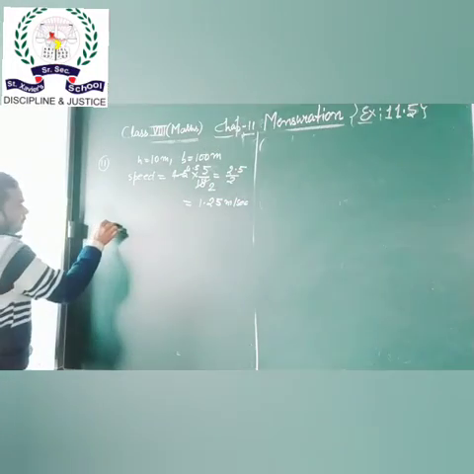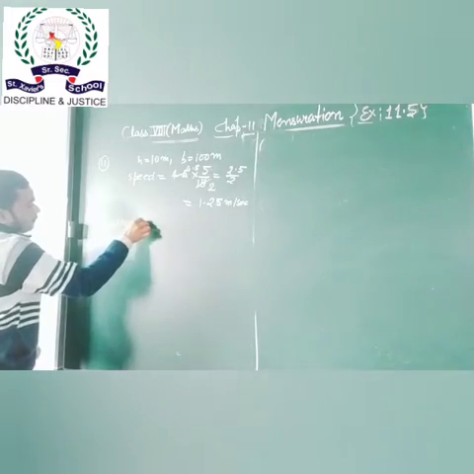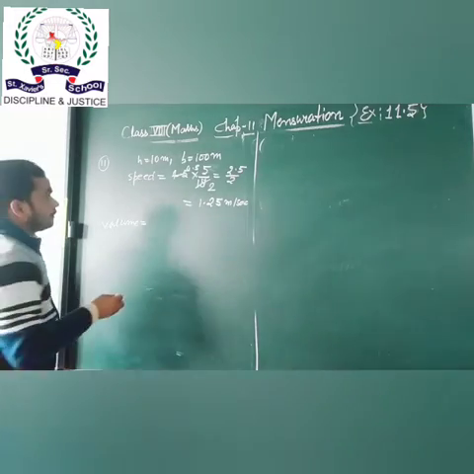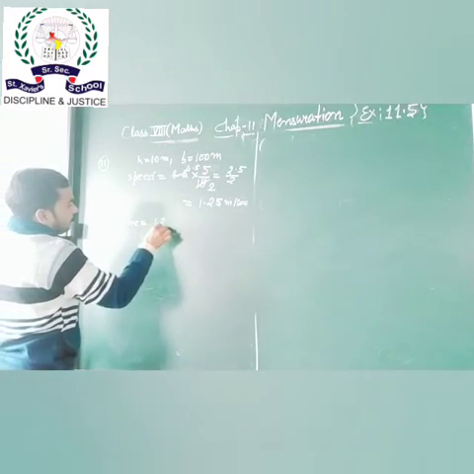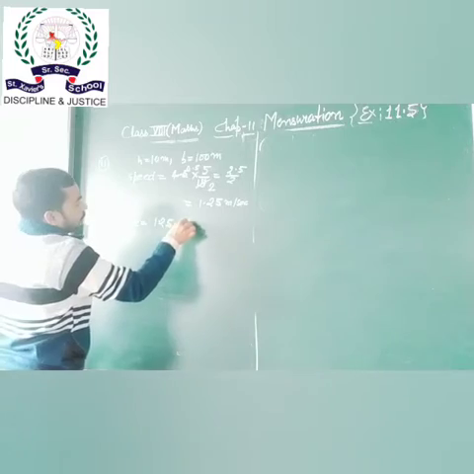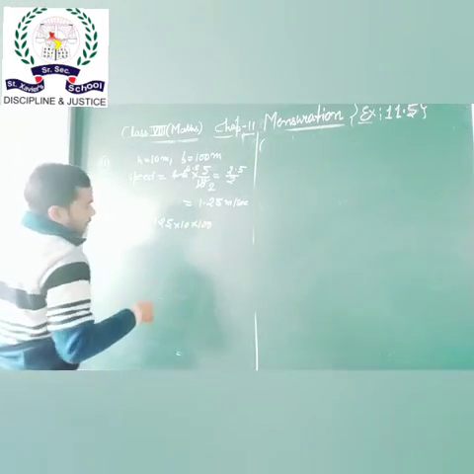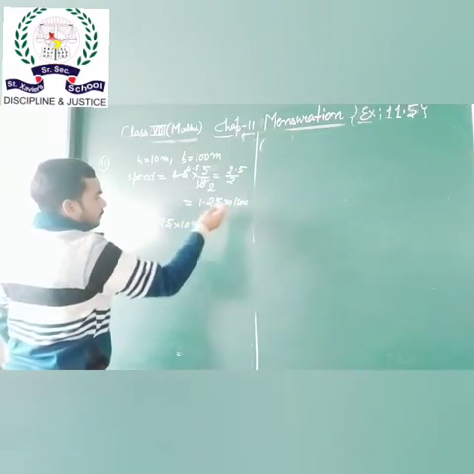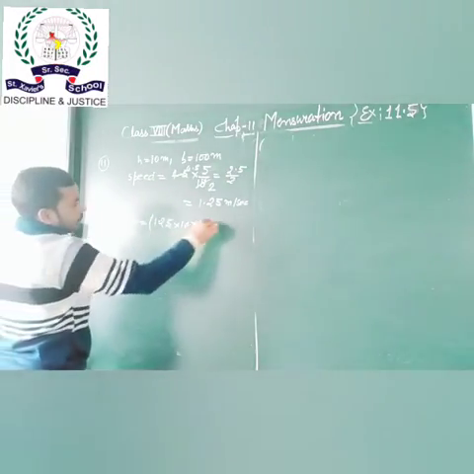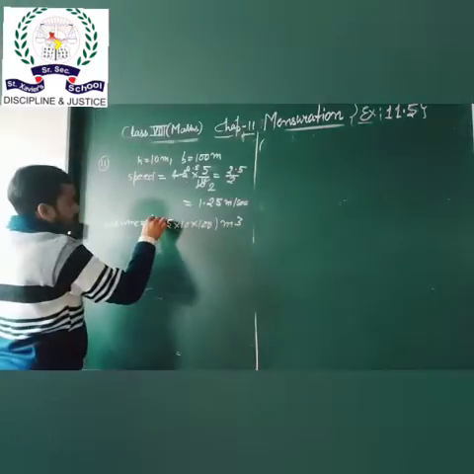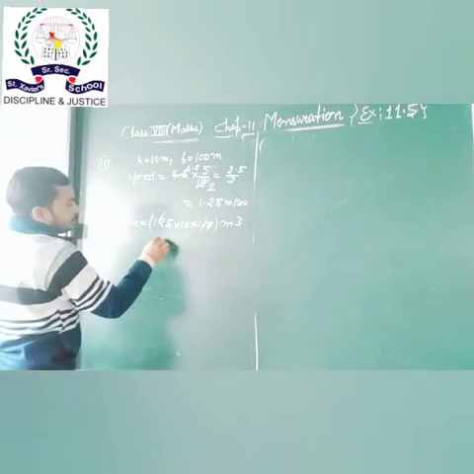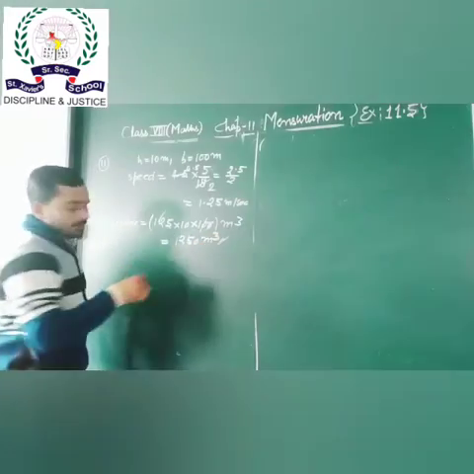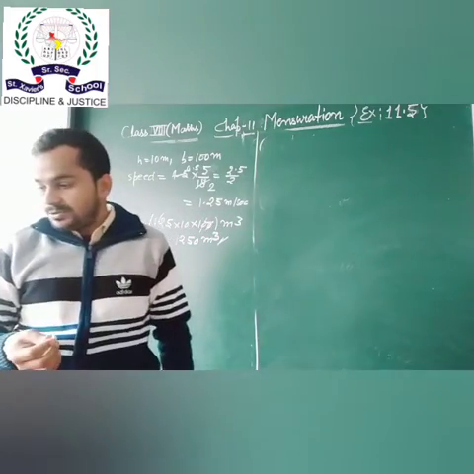And find the volume, L B H. 1.25 into 10 into 100. In 1 second the water flows 1.25 meter. Meter cube. 2 point, remove 2 0s, cancel out. So we have 1250 meter cube. So volume of the river is 1250 meter cube.